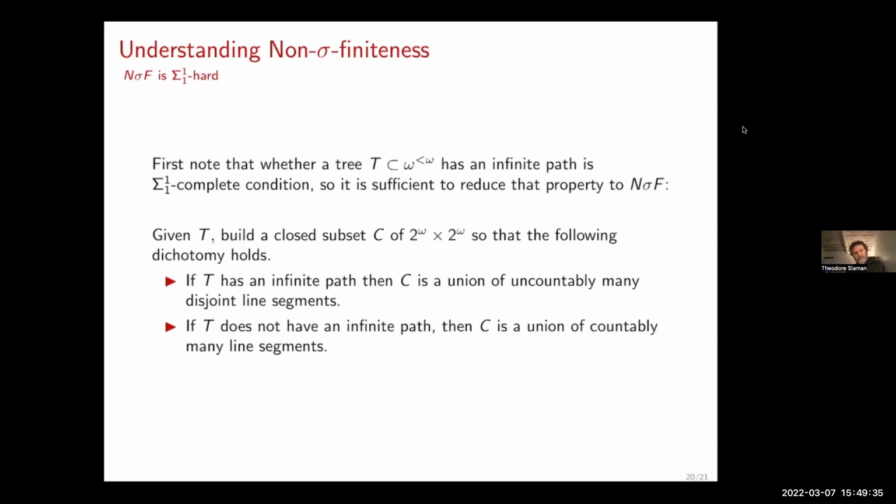If sigma 1 is true, then one of those paths gives you the first option. If pi 1 is true, then every attempt to build this uncountable collection of line segments terminates at some finite point. And at that termination point, what you've committed yourself to is only finitely many line segments. And then you get that the terminal nodes in the tree are a countable set, and that gives you the sigma cover.